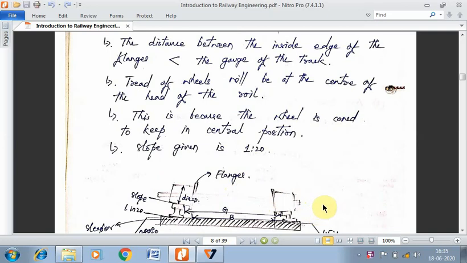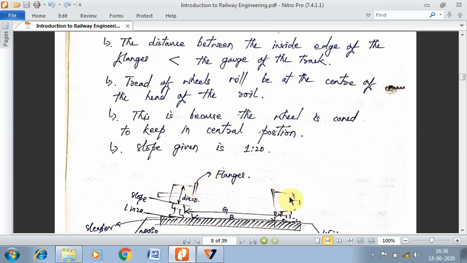So imagine that you might have seen many trains moving around, and if you have observed, there will be two such wheels attached together with the help of an axle. Okay, so this is the axle, which looks like a shaft, and these two are the wheels.